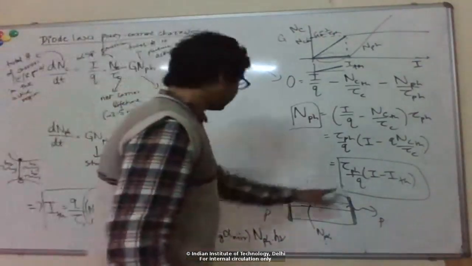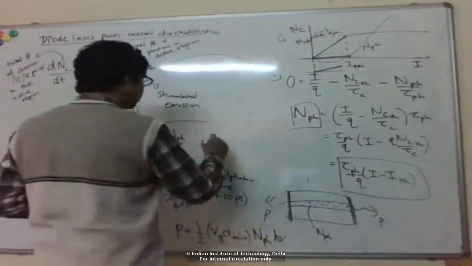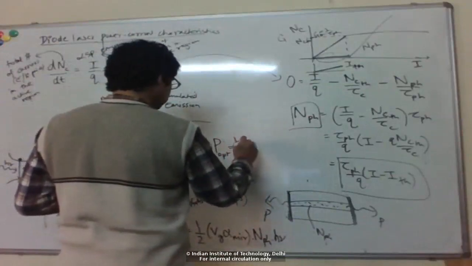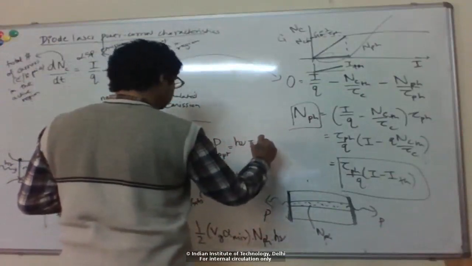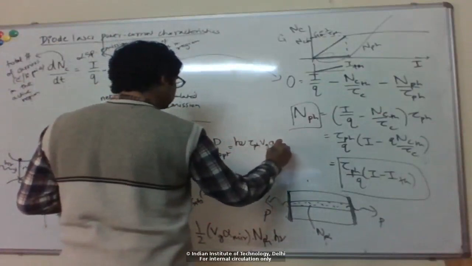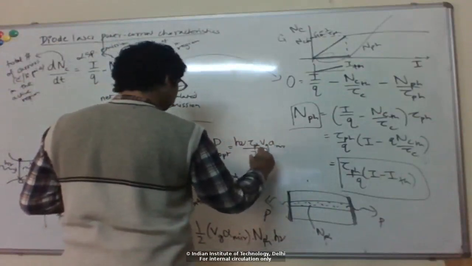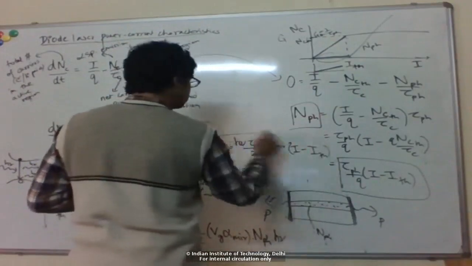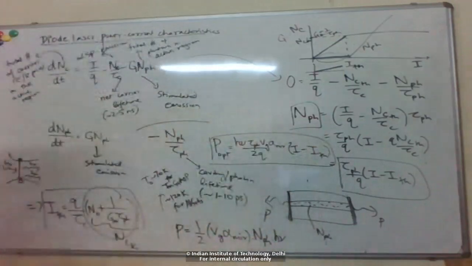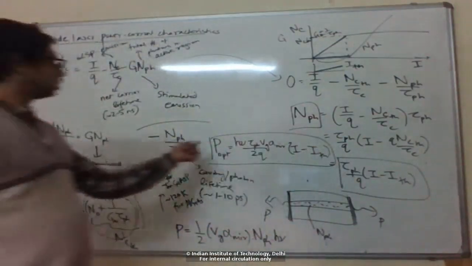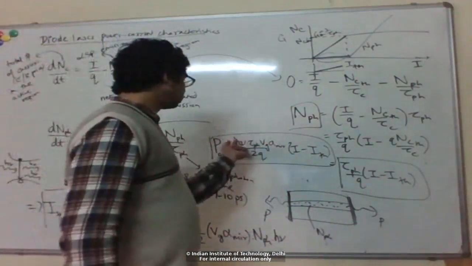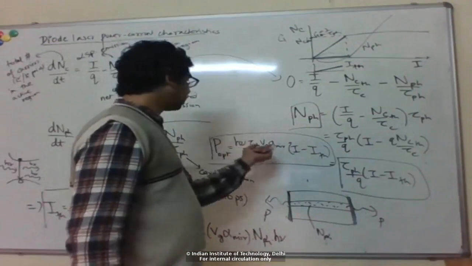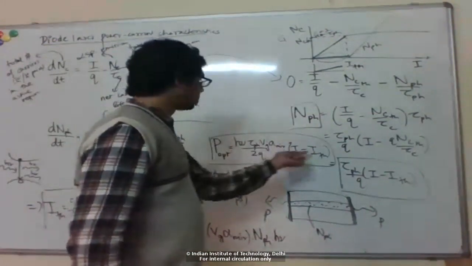So if I use this equation for the photon number, you can see that the optical power coming out basically looks like this. Again, some constants depending on the wavelength, which is decided by the material, device parameters, photon lifetime, mirror loss, group velocity.